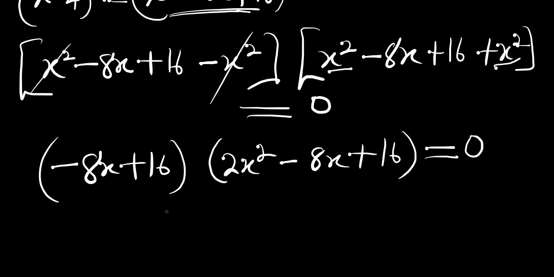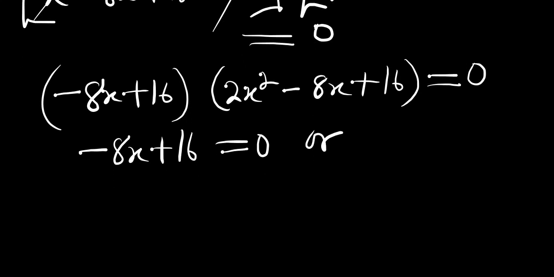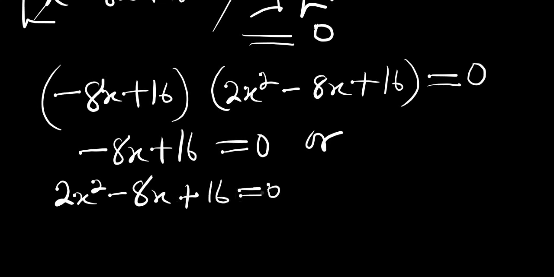So from here, we are going to have two different equations. We are going to have -8x + 16 = 0, or we are going to have 2x^2 - 8x + 16 = 0.